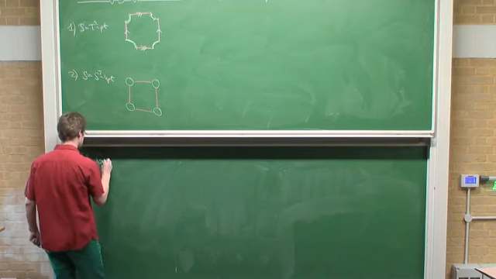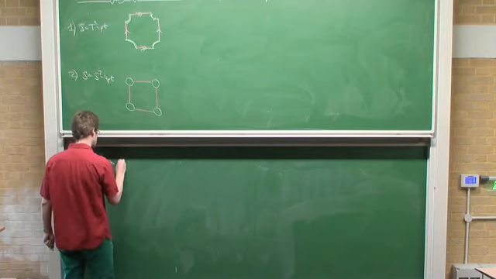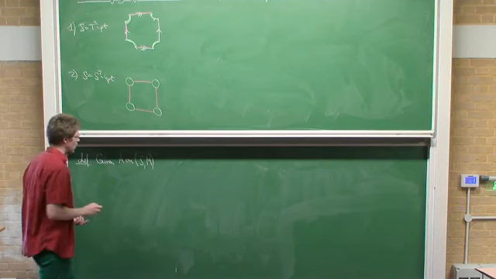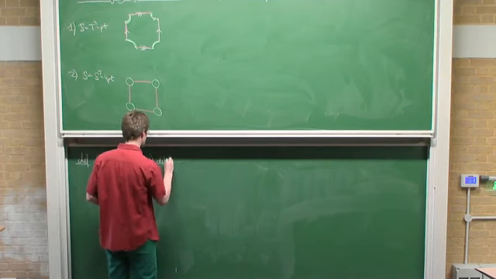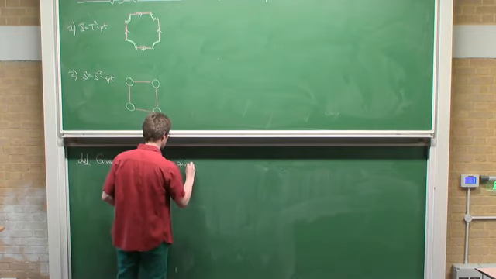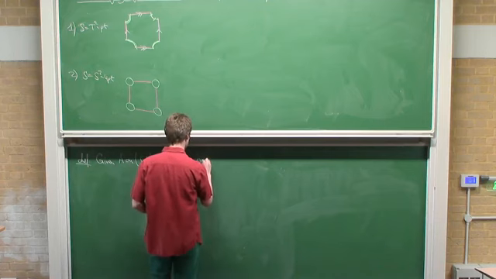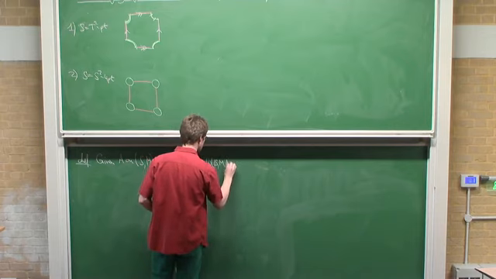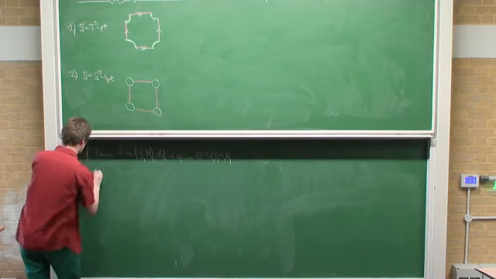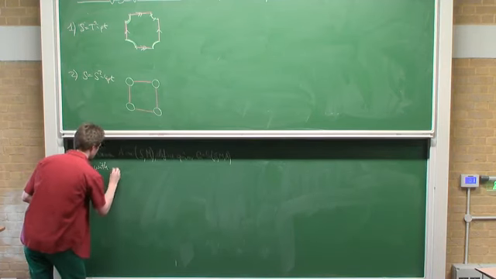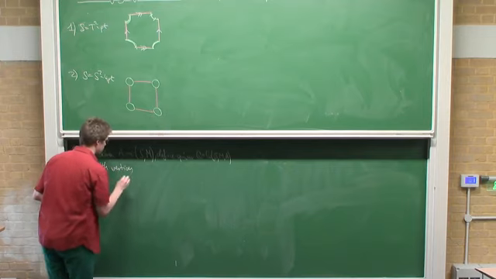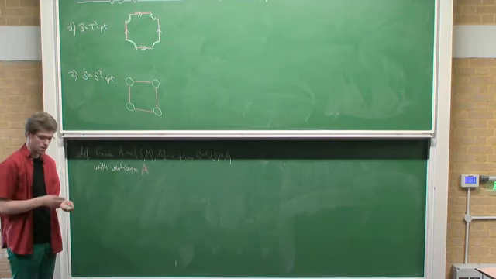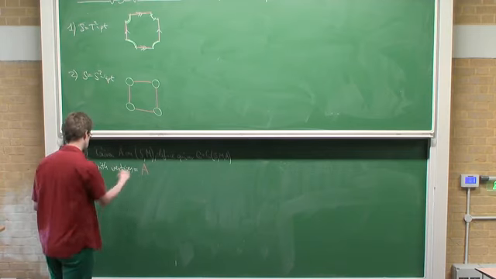Given such an arc system A on some marked surface, we define a quiver as follows, with vertices given by A. So every arc in this arc system is a vertex.